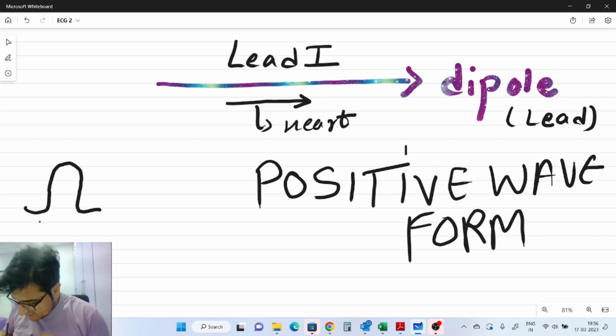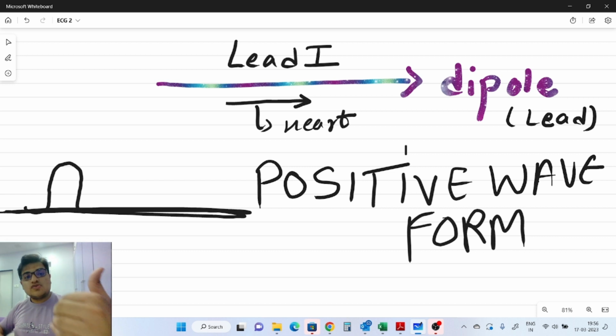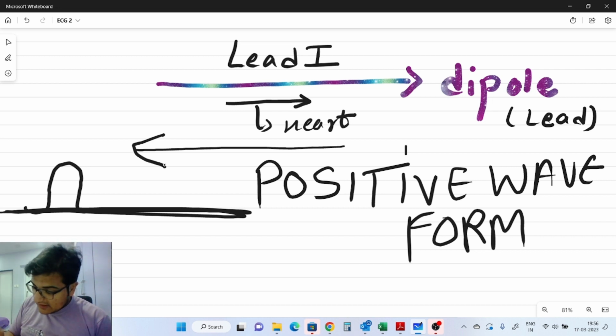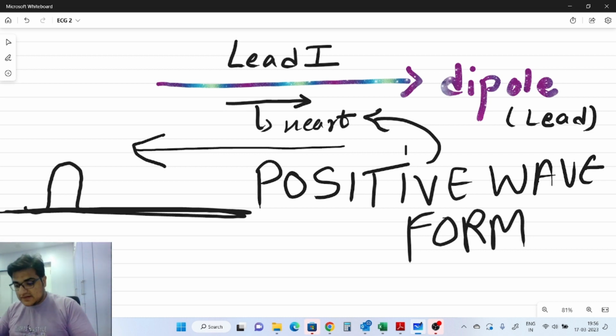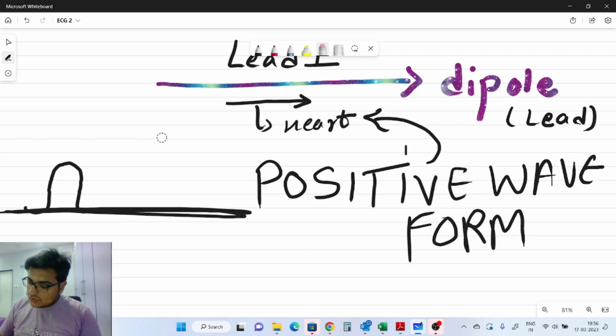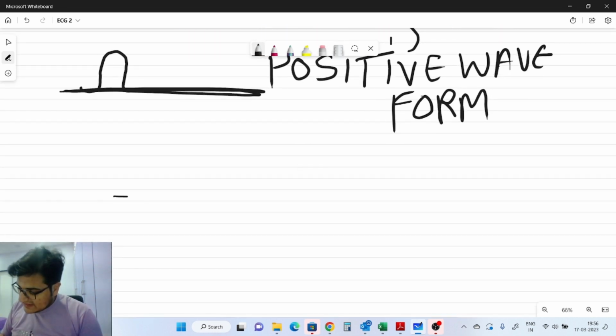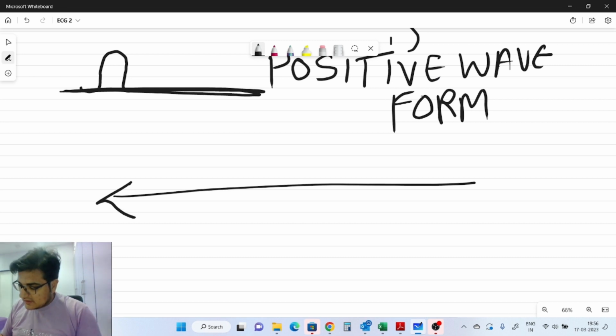A positive wave in the sense, if this is the neutral line, whatever comes above it is going to be positive. But if any dipole is in the opposite direction to the dipole of the lead, I'll put it down over here, you all can see it.